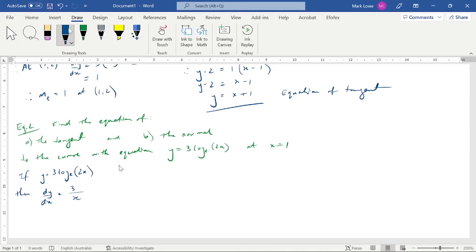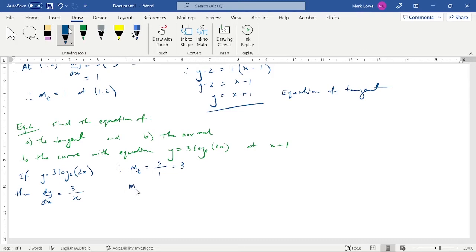So the gradient of our tangent, which I'll just write as mt, will be equal to 3 over 1. We just need to substitute our x coordinate into our derivative.